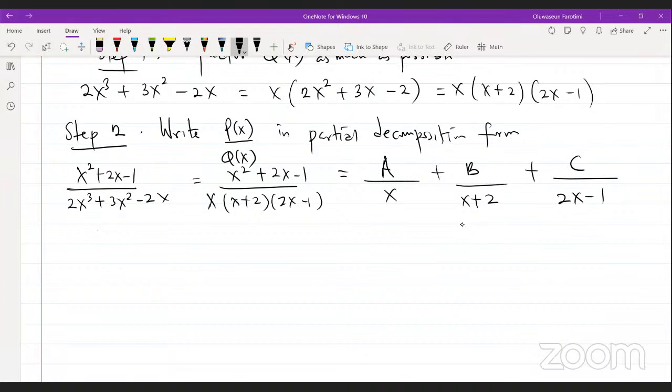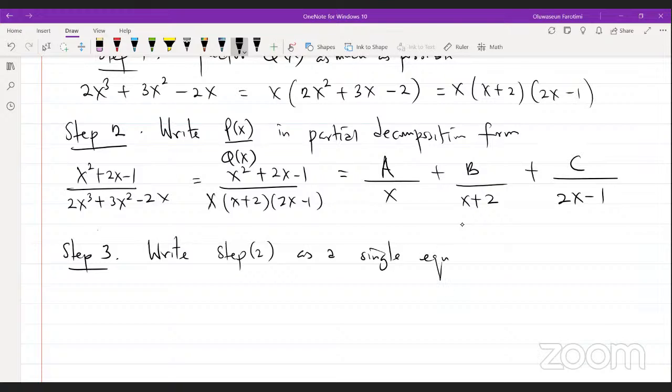So apparently, guys, what happens? I need to be able to write this as a single equation, I mean, not fraction, as a single equation.